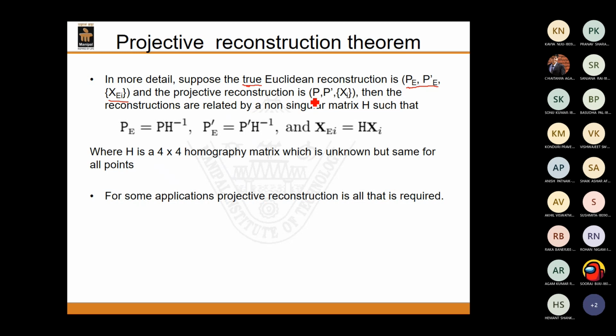And the projective reconstruction, let us say, is given by P, P' and X_i. Then these two can be mapped to each other using the projective transformation matrix H, such that P_E = P H inverse, P'_E = P' H inverse, and X_Ei = H X_i. Here H represents the projective transformation, which can be any 4x4 homography matrix, because it is now in 3D space, right?